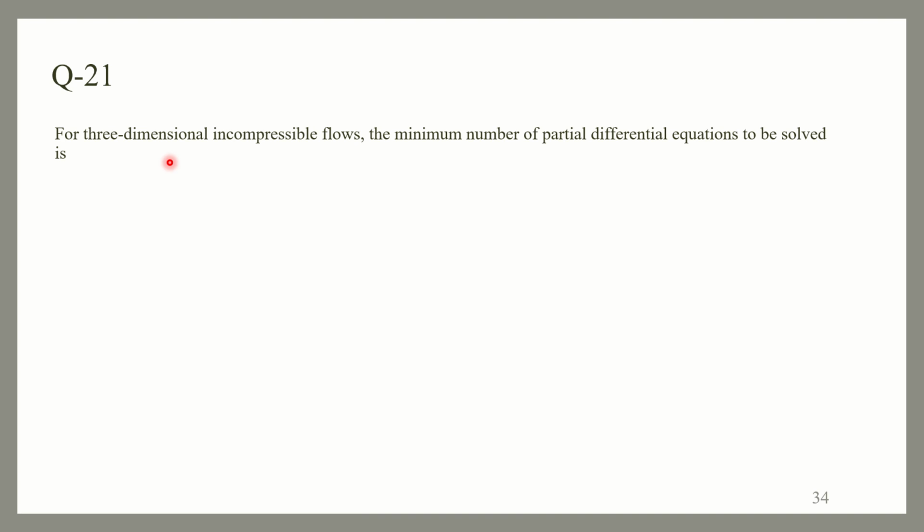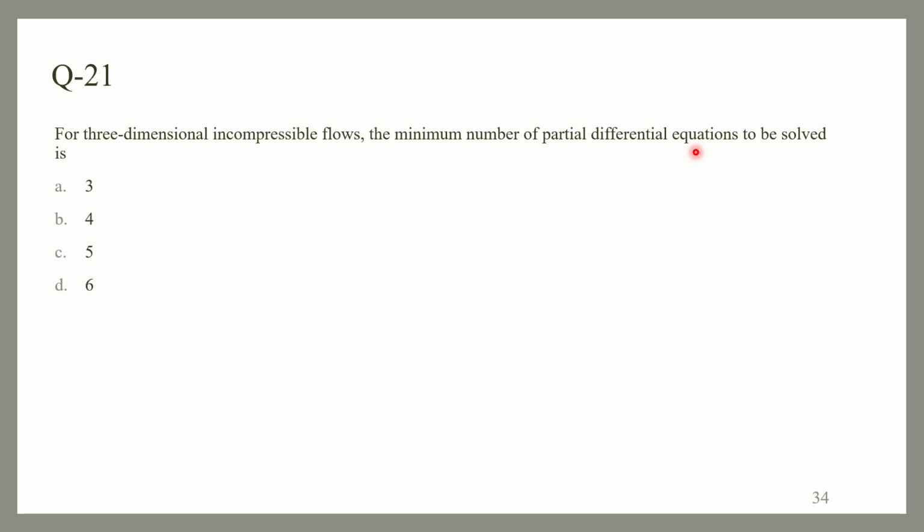Question 21. For three-dimensional incompressible flows, the minimum number of partial differential equations that need to be solved is option A 3, option B 4, option C 5, option D 6. So in incompressible flows, if we consider a three-dimensional system, how many governing equations do we have? First let us discuss that.